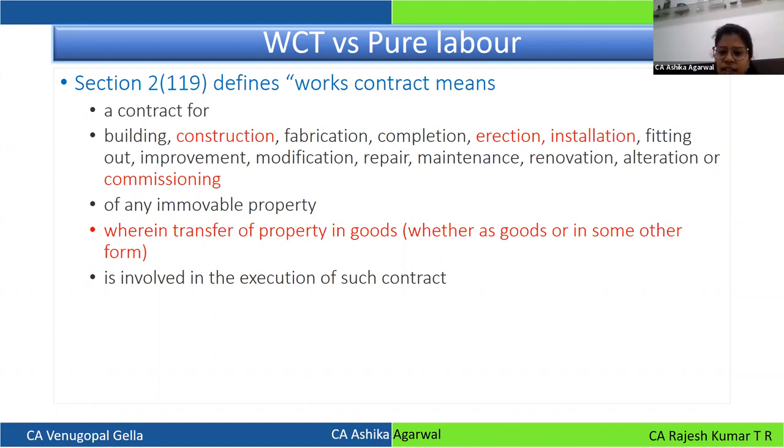But the way they worded it and the way things have been defined, like sir pointed out, with only supply of labor, you won't get the exemption. It should be for the purpose of construction or erection, commission, or installation. The way we divided it into four parts, you have to take each and every one into consideration in order to determine whether you are exempted or not.